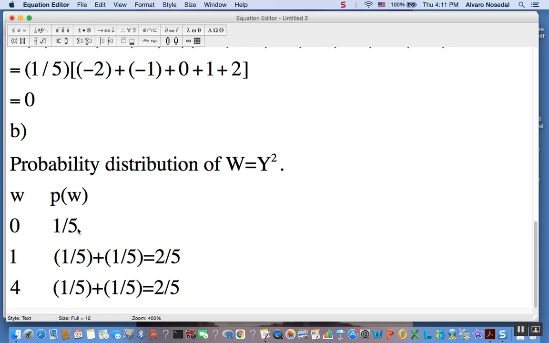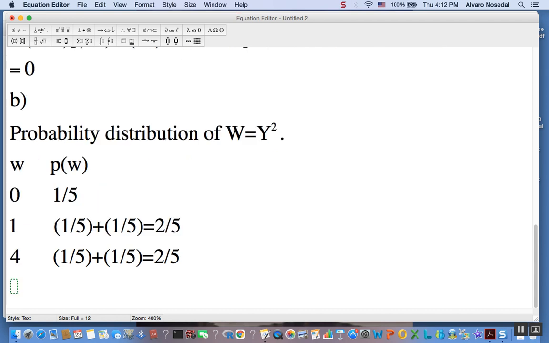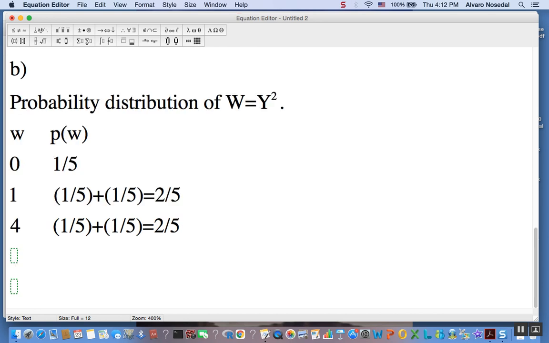And when you add them all up, you end up with 5 divided by 5, which is 1, the other property that a legit probability distribution must satisfy. So we're on the right track. This is a legit probability distribution, and going back to the original problem, let's find the expected value of W.